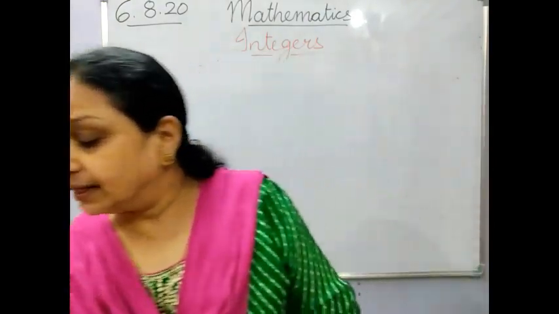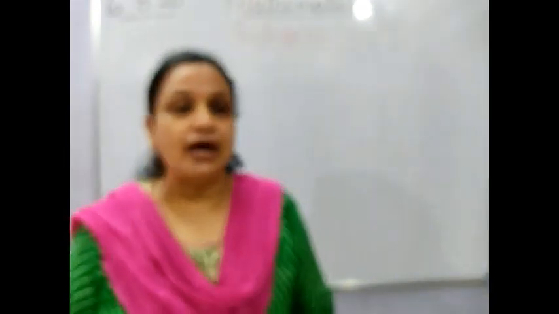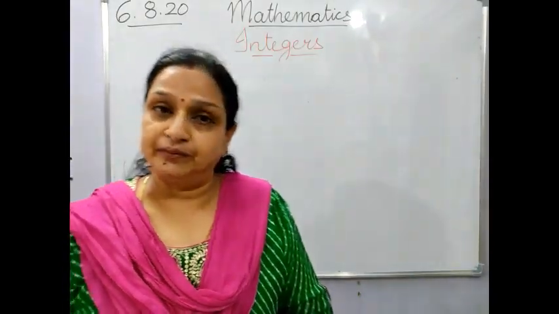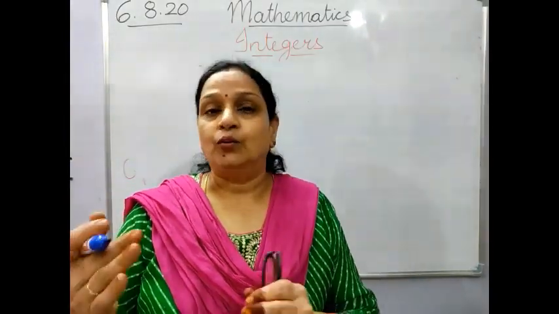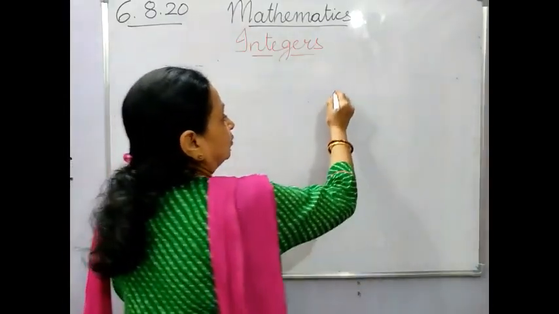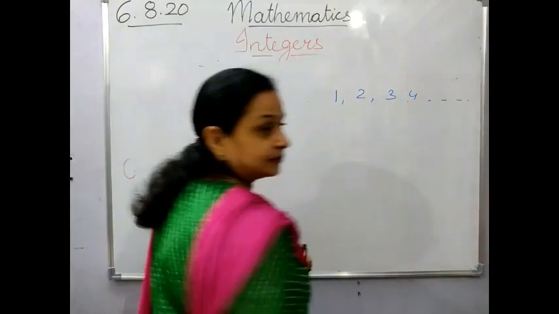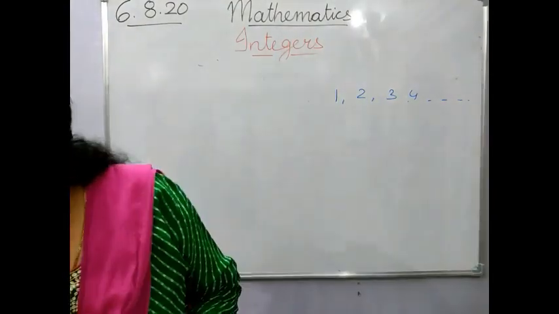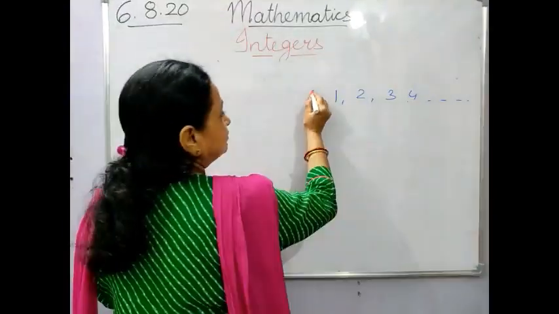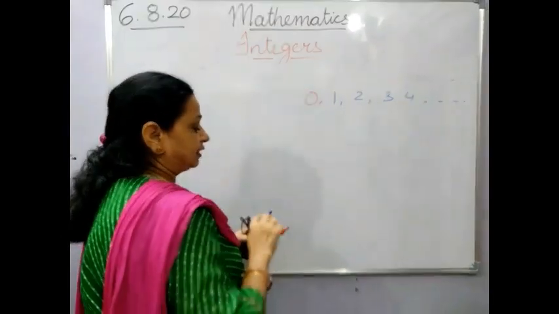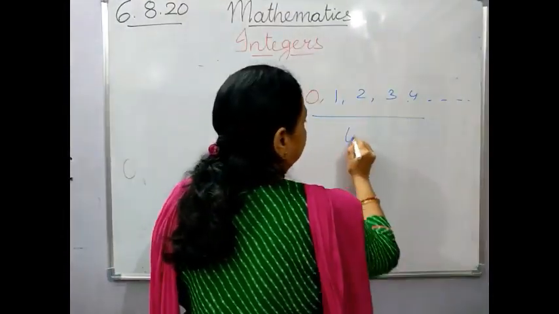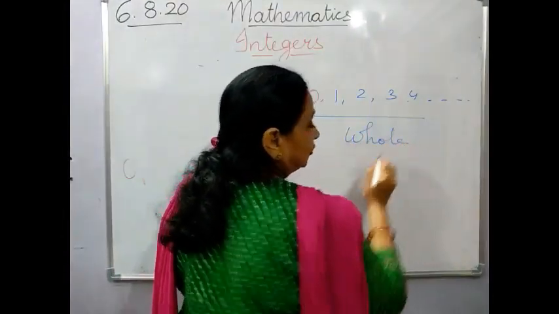See children, you have heard the name of the natural numbers, the normal counting numbers: 1, 2, 3, 4, like this. These are called natural numbers, and if 0 is added to it, they become whole numbers.